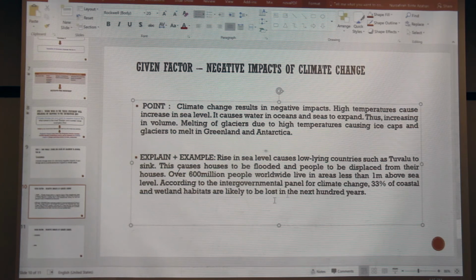The wetlands will be under what kind of impact? These are plants, right? Coastal and wetland habitats: environmental. The houses you can talk about social. It depends on how you argue. Or you can talk about the government having to rebuild these infrastructures and put these people in temporary shelters, which they will change to political impact. So it depends on how you argue. Can I move on to the last one, the link? Yes.